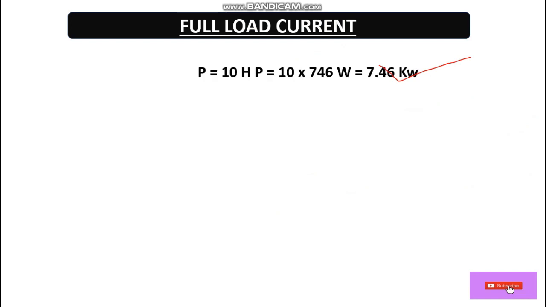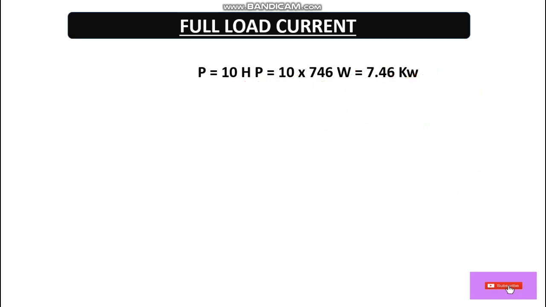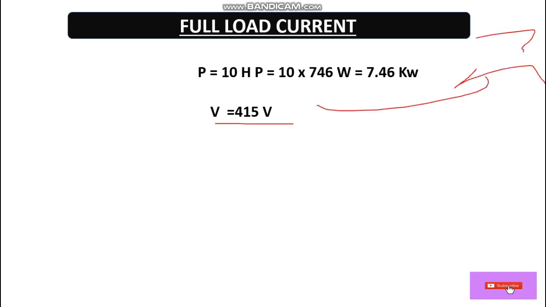If we convert the HP into kilowatt, then 1 HP equals 746 watt. So let's multiply with this, then it will become 7.46 kilowatt. Here the voltage, as you know, this is a 3-phase motor, that's why the voltage is 415.